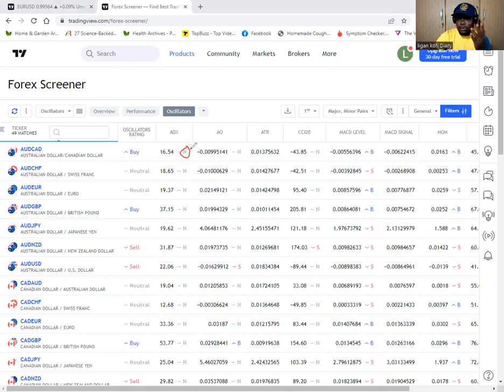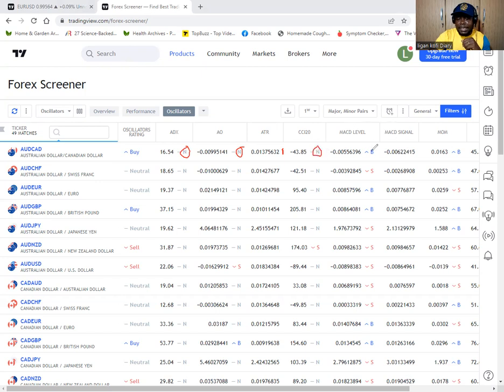It's not up and it's not down. The next one is also giving you neutral, and the next one, the ATR, is also neutral. The CCI is giving you neutral.